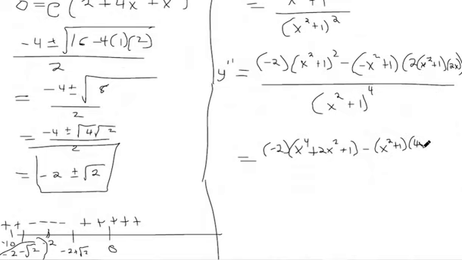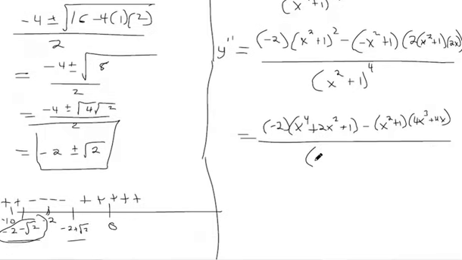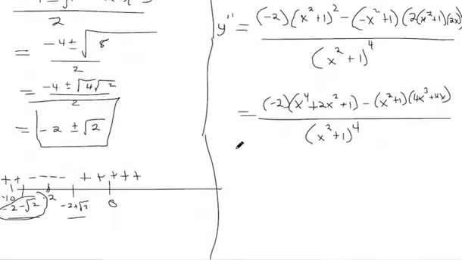So that makes 4x to the third plus 4x. That's all over x squared plus 1 to the fourth. Okay, so still no calculus is on hold right now. I'm just doing the algebra in the numerator.